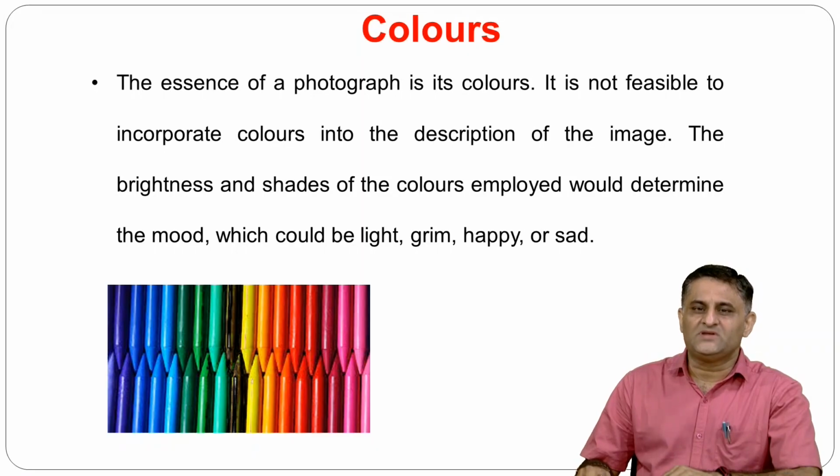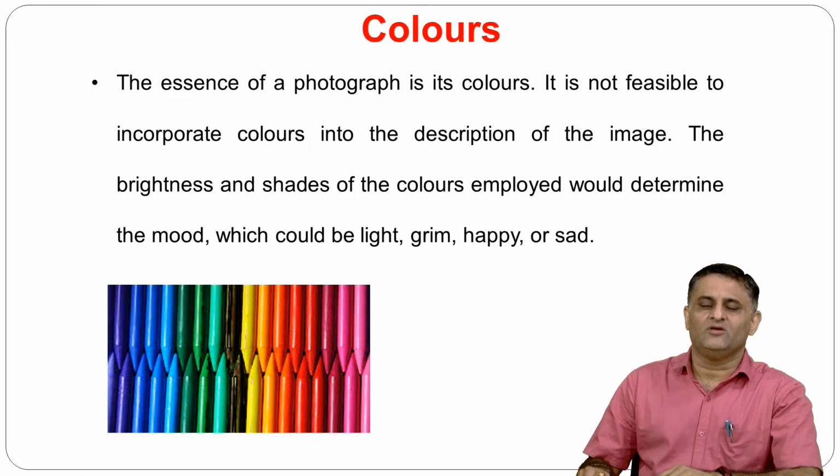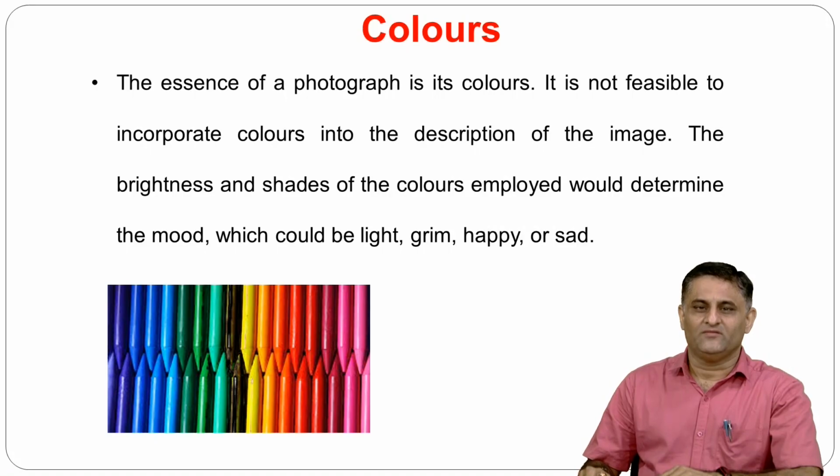While you cannot physically include colors in a description, you can mention their brightness and shades to convey emotions. For example, bright colors may create a happy or lively mood, whereas dark shades can make the scene feel grim or serious.